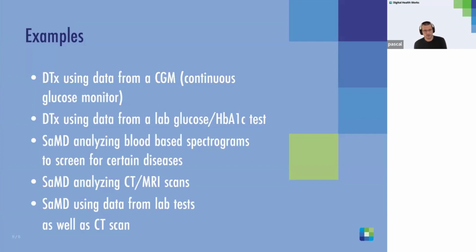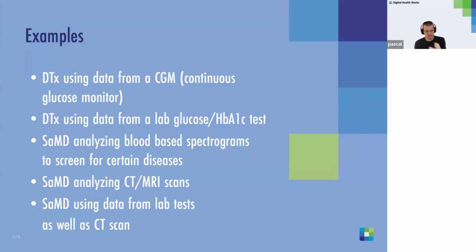So then the one that we have here under point 3, software as a medical device analyzing blood-based spectrograms to screen for certain diseases. That would most likely be an IVDR if it does nothing else. Let's say you draw blood from a patient, you typically take the serum or plasma of that, so you centrifuge it first and then put that in a spectrograph, get the spectrograms out of that, and have that as input for the software medical device.